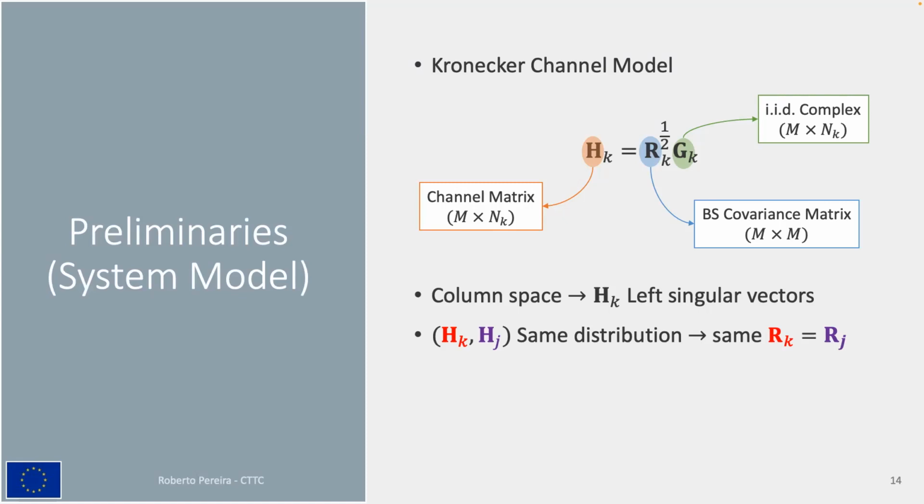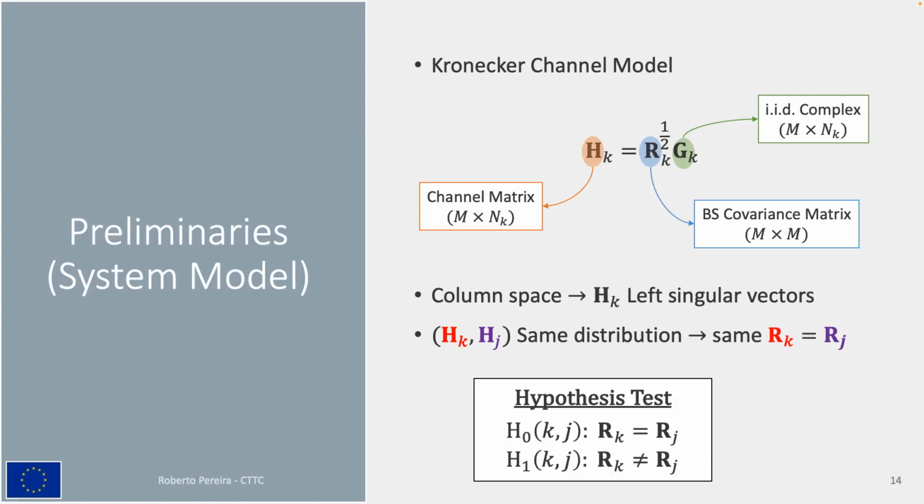And if they have the same distribution, it basically means that they are from the same covariance matrix. So we can do this as a hypothesis test. In the null hypothesis, we have the scenario where this is true. In the alternative hypothesis, we have the scenario where the covariance matrices are different. The problem is how to do this in real world applications, or how to do it when you don't have access to the covariance matrix.